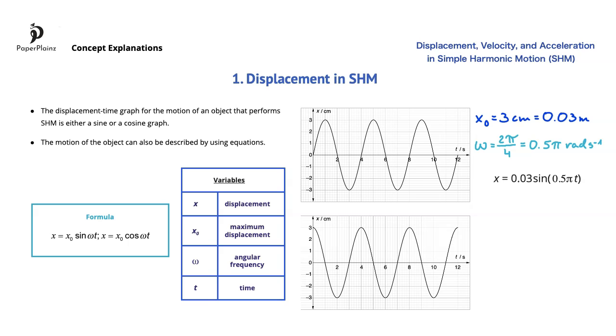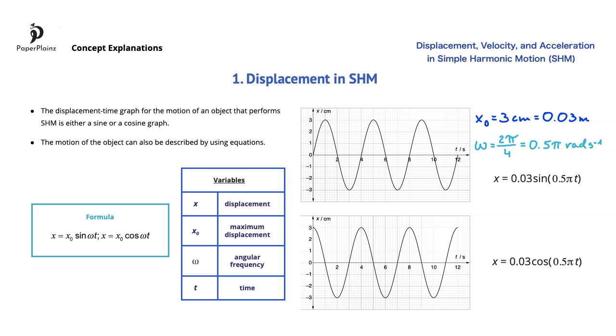The only difference is that here we start observing the particle when it is at the positive maximum displacement position. Therefore here we will use the cosine equation to describe the motion, and we get that x is equal to 0.03 cosine 0.5 pi times t.